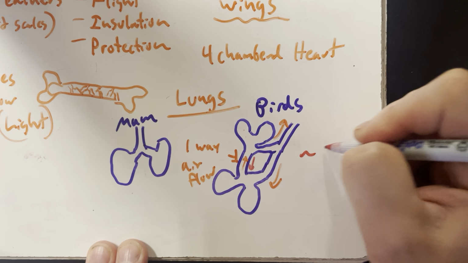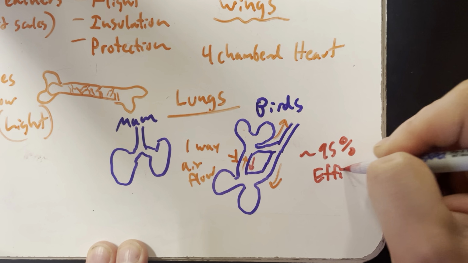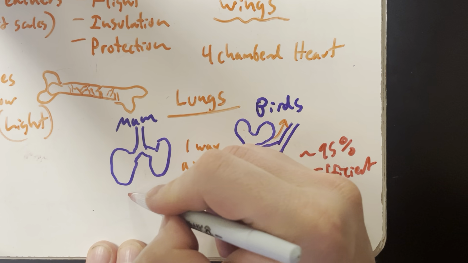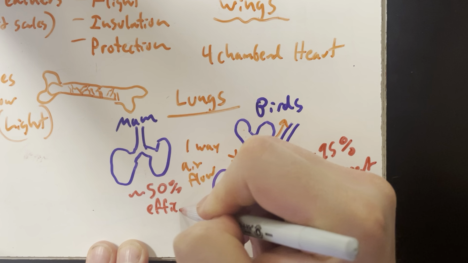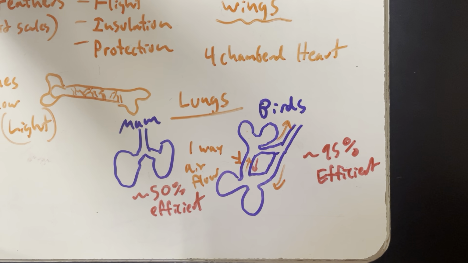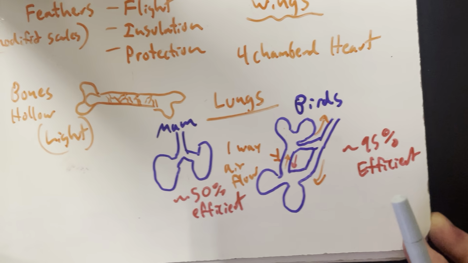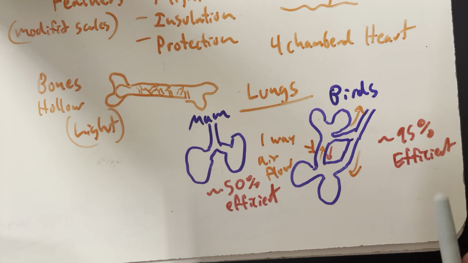So it's about 95% efficient. Whereas our lungs are about 50% efficient. Actually, less than that, but sometimes more. So you imagine getting twice as much oxygen out of each breath. That's super, super important, especially when you need to fly places.